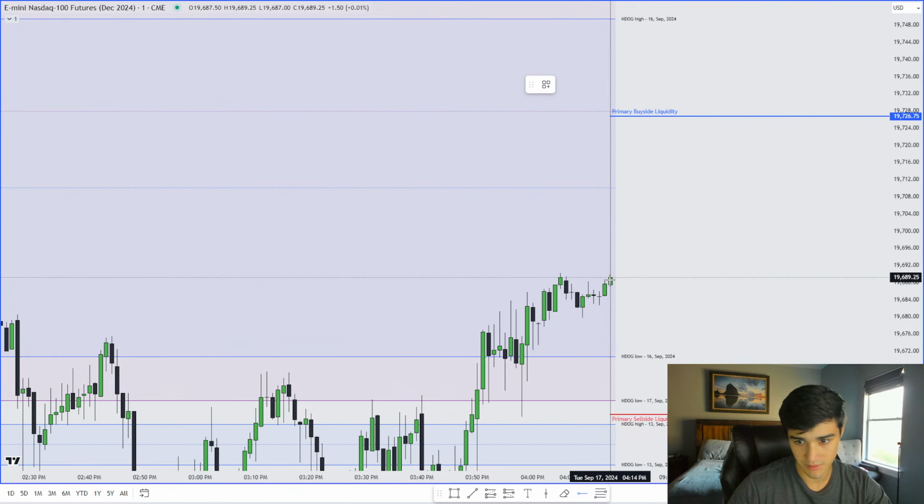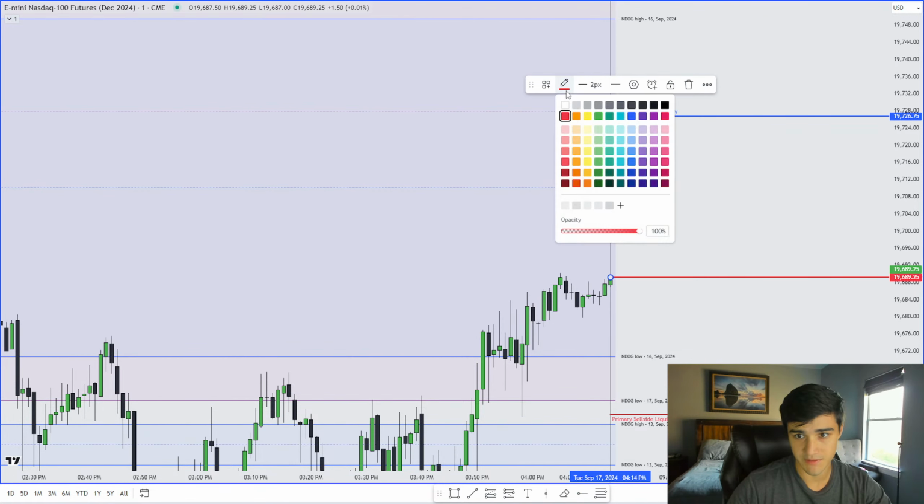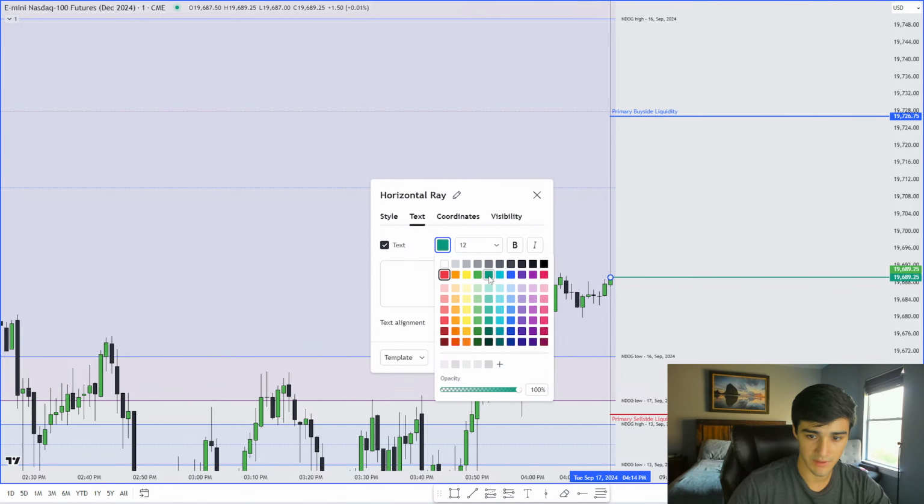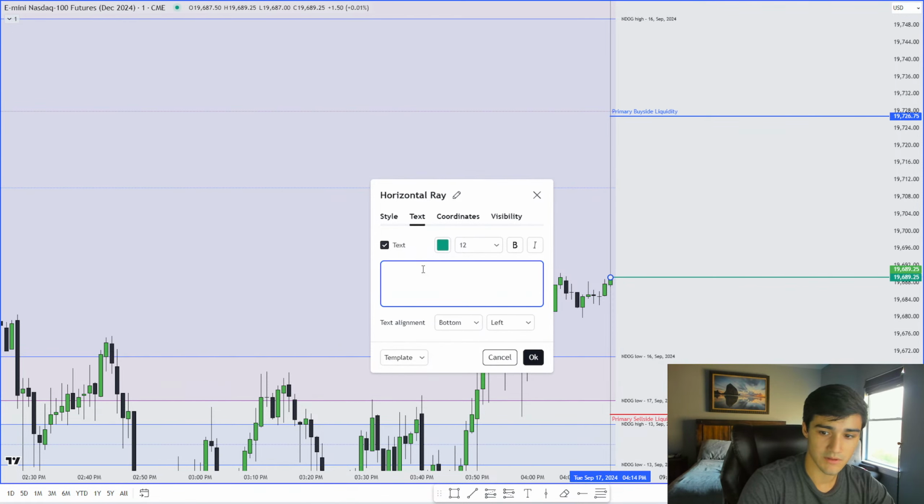First thing that I do is mark out the previous day settlement. And this is going to give me a lot of intel. So it looks like we have a premium gap opening. We're opening higher than the previous day settlement. So this is my opening range gap low.